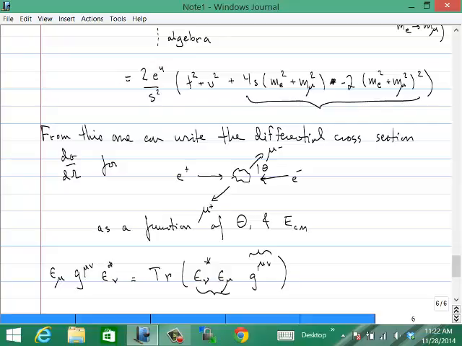If I remember correctly, when you did this photon scattering, the sum over polarization states... It depends how you did the problem. It was assigned on a problem set, I don't know how you did it. You certainly could have done it by writing it this way, and then using the fact that the sum over all polarizations of epsilon star epsilon was g^{mu nu}.